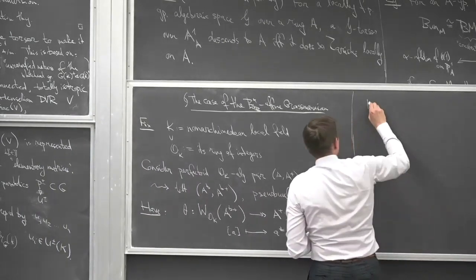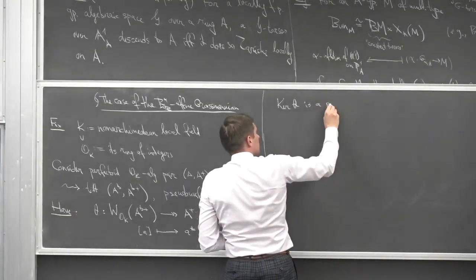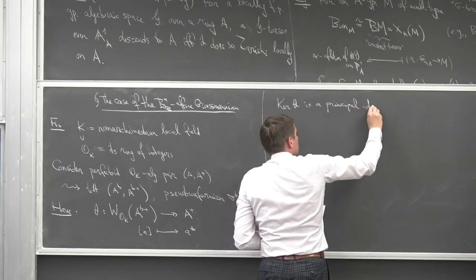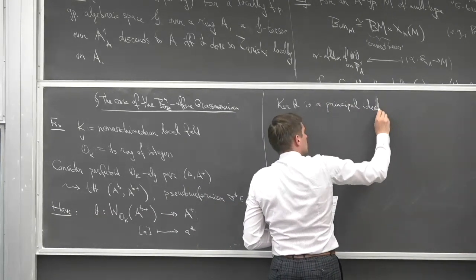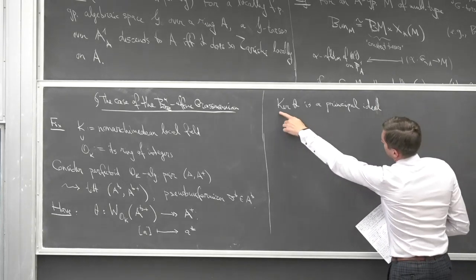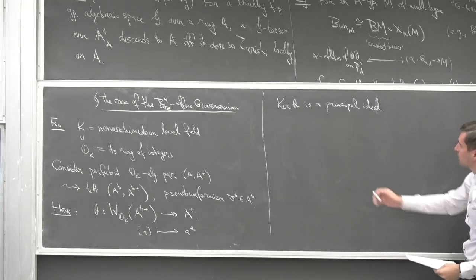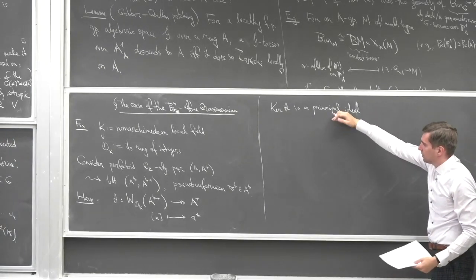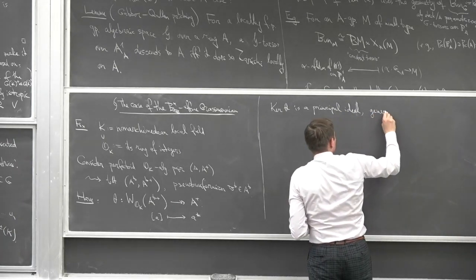Now, one has that the kernel of this map theta is a principal ideal. In more fancy terms, a perfectoid ring is the same thing as a perfect prism, even an oriented perfect prism. So this kernel is the ideal I that appears in the prismatic theory, and the principality of it is what gives the prism an orientation.